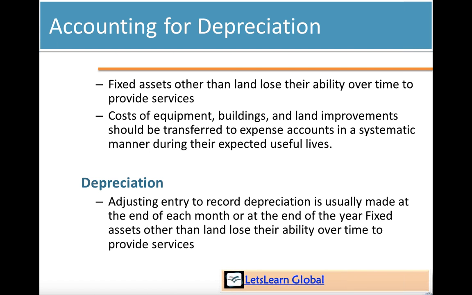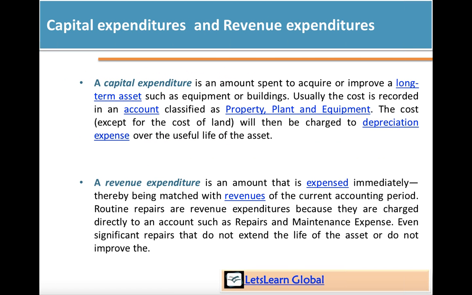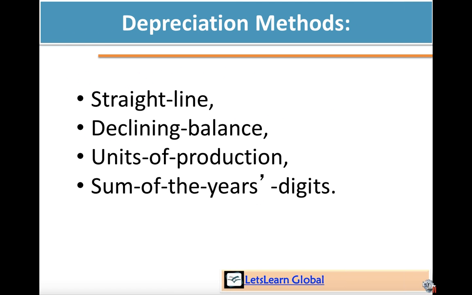Okay. Now we know the accounting for depreciation entry, but what are the different depreciation methods we have? The depreciation methods include the straight line method, declining balance method, which is also called the written down value method, units of production method, and sum of the years digit method.